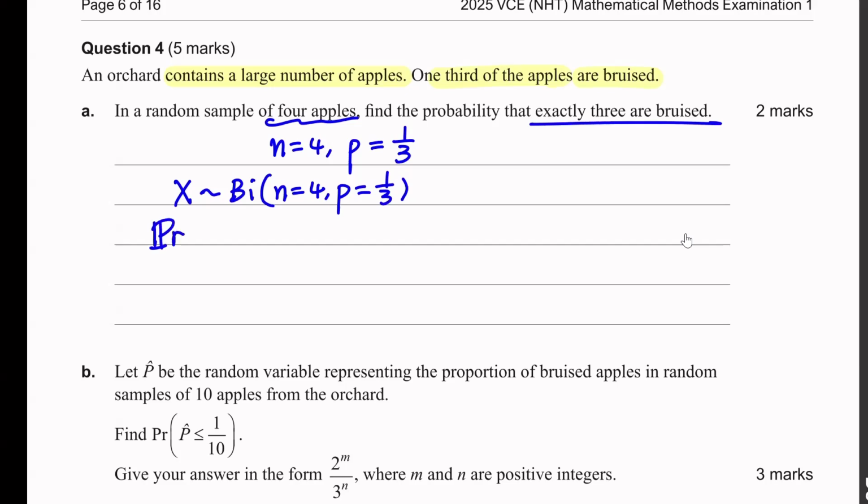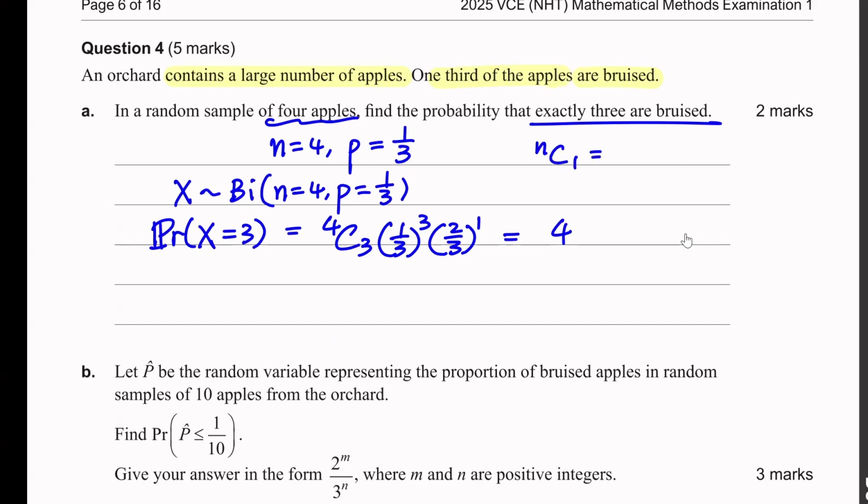So we have probability of X equals 3: 4 choose 3, (1/3) to the power 3, and (2/3) to the power 1. Make sure you realize the two indices will add up to 4. And then you have 4 choose 3 is just 4.